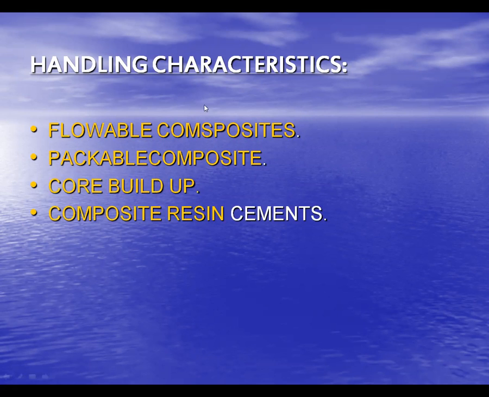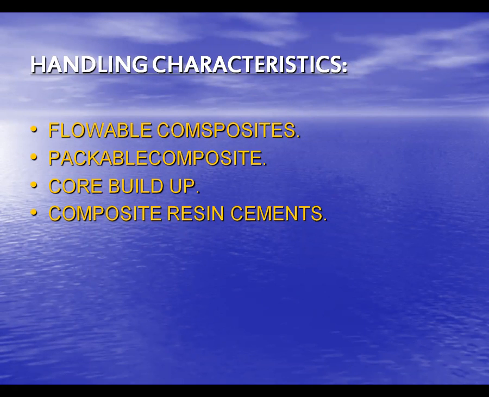So flowable composites means there are fewer filler particles present. So it is having higher polymerization shrinkage. While packable composites contain more filler particles, and their strength is more compared to flowable composite. So it is used in posterior composites.